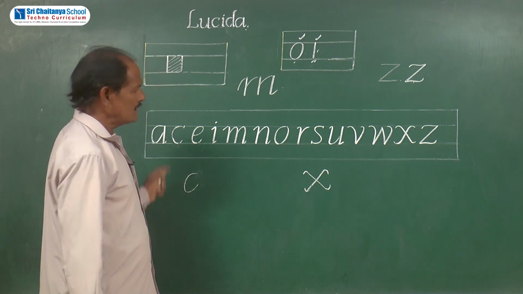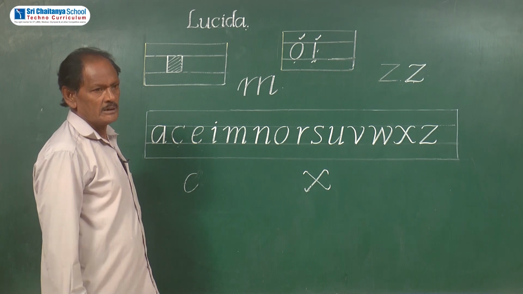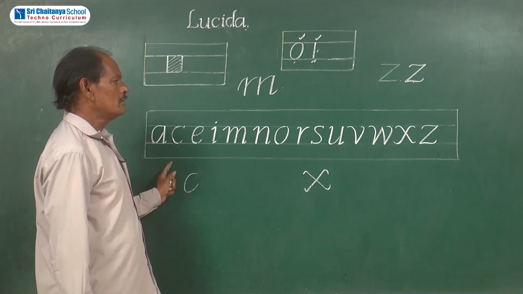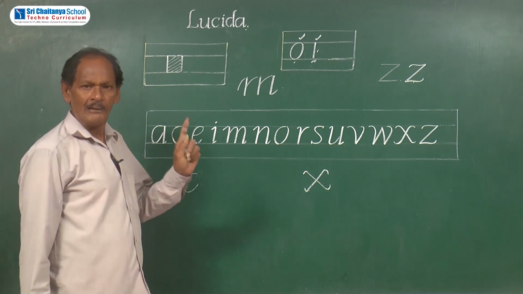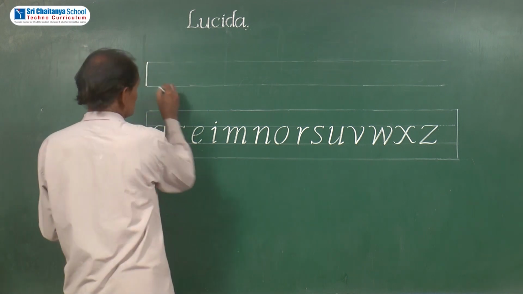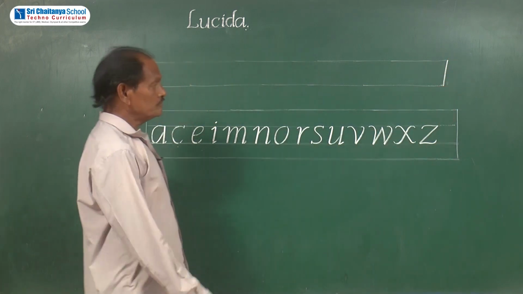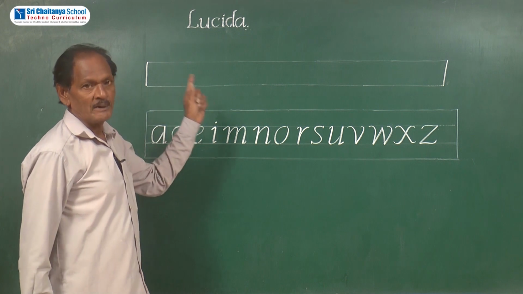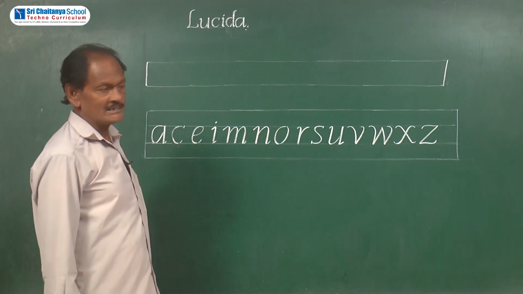Okay. Now I will write these letters in the double rule pattern and on a plain surface also. In the 2 lines pattern, now I am going to write these middle zone letters.